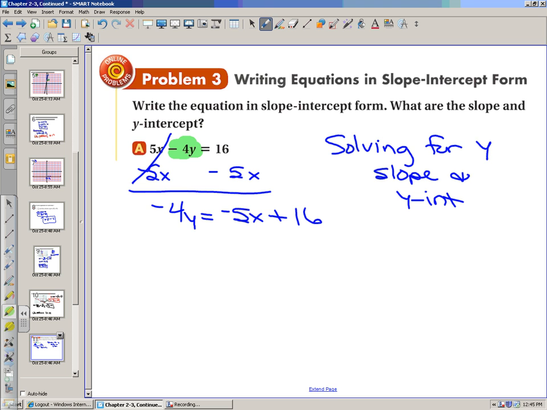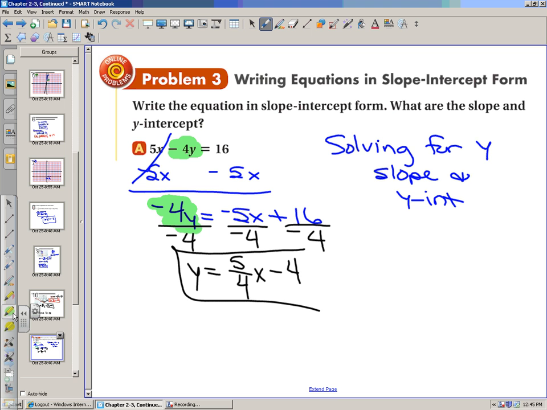Now I'm going to locate my y, and I ask myself, what is attached to the y? Negative 4, and it's attached by multiplication, so how do I get rid of it? I divide each term by negative 4. By doing this, it allows us to determine what y is. y is equal to positive 5/4 x minus 4.